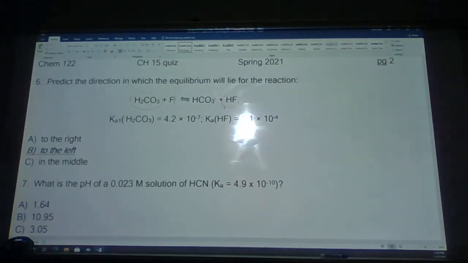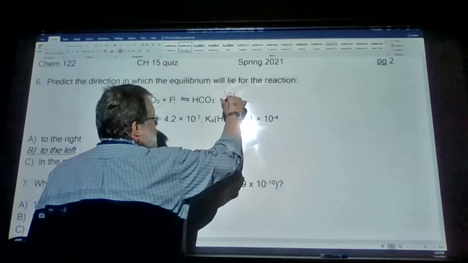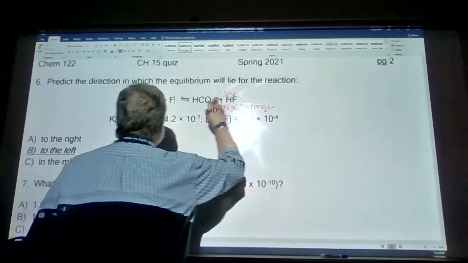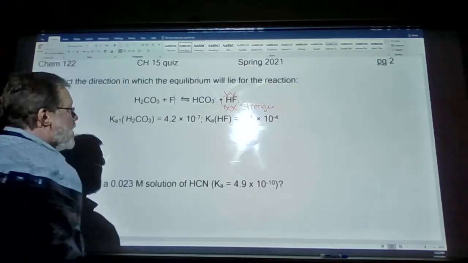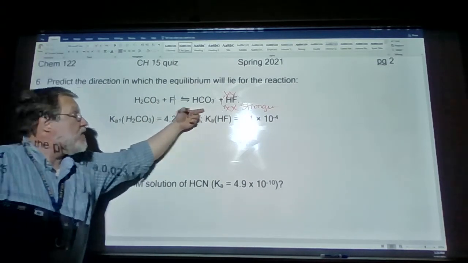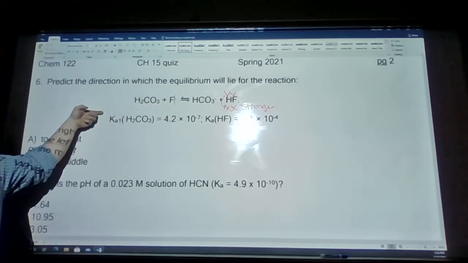So of these two, HF is the stronger acid. Since this is a stronger acid than H2CO3, the equilibrium is going to lie to the left.